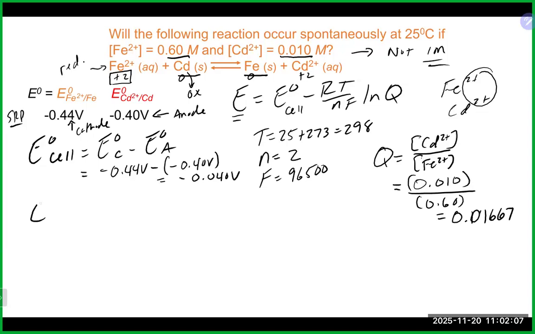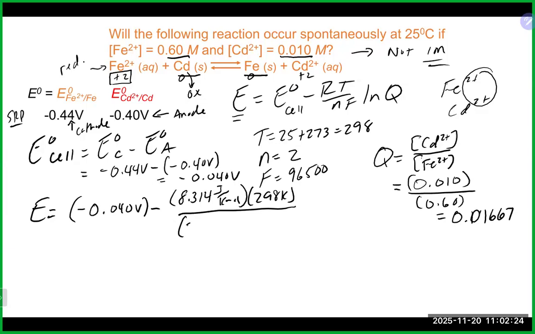Time to put it into the big equation. So E is going to equal negative 0.04 volts minus 8.314 for our R, 298 for our temperature, our N is going to be 2 moles, and our F is going to be our constant, and natural log of our 0.01667.